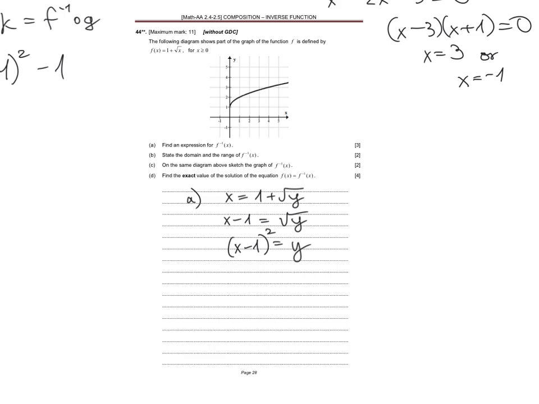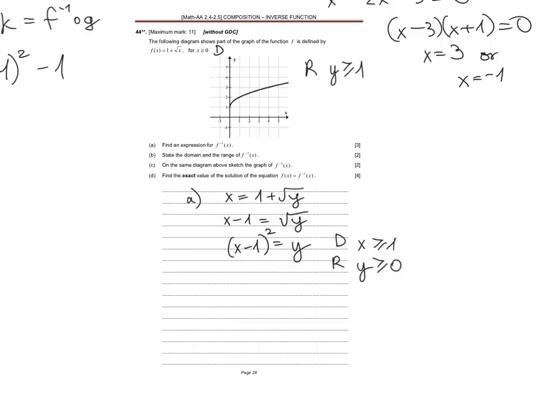Oh, this should have been squared. So the range, so this is the domain, so that's the range. So y greater than or equal to 0. The range of this, you can see from the graph, is y greater than or equal to 1. So we're going to have x for the domain here, x greater than or equal to 1.